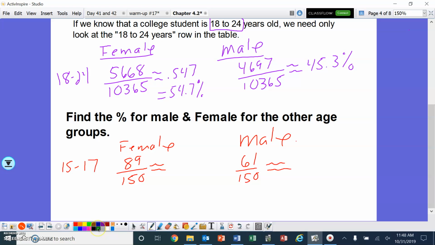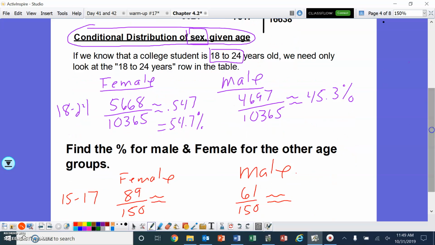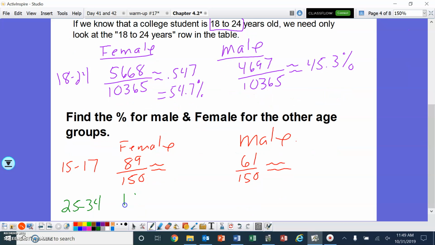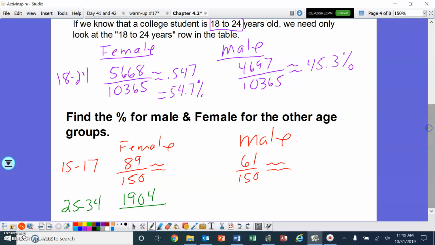So now let's do the other age group, 25 to 34. So let's see what that would be. So 1904 divided by the 3493.